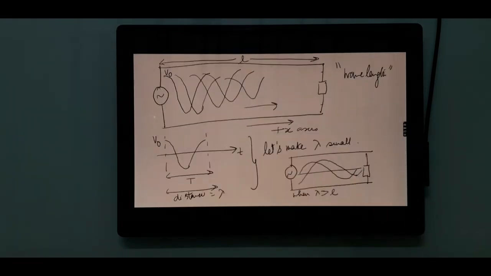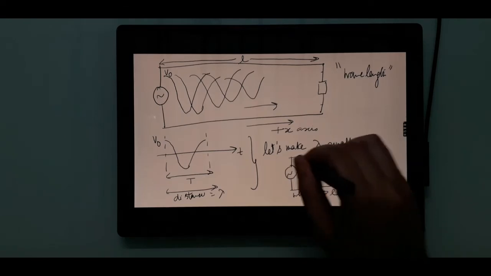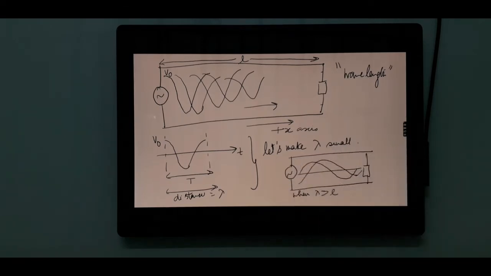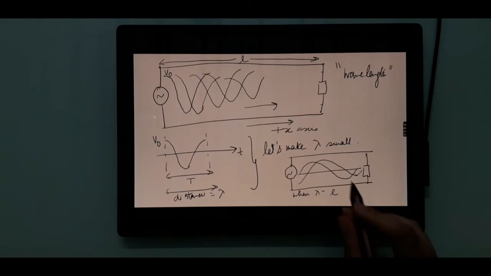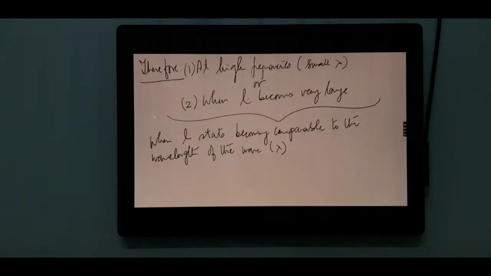oh, by the way, I forgot to mention, even if lambda is equal to L, at any given point of time, the voltages at all points along the line will change. So definitely we cannot say that the voltage will be a function of time only. It will be a function of space also, or position.